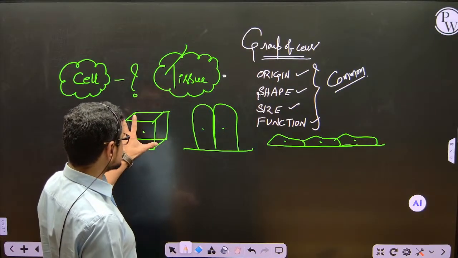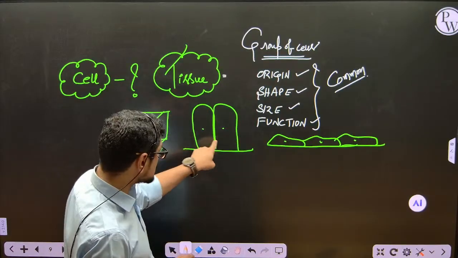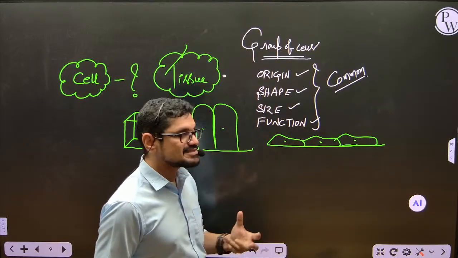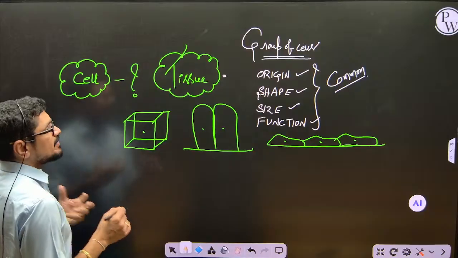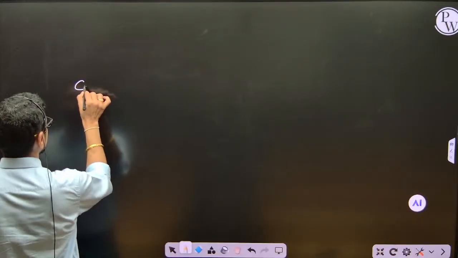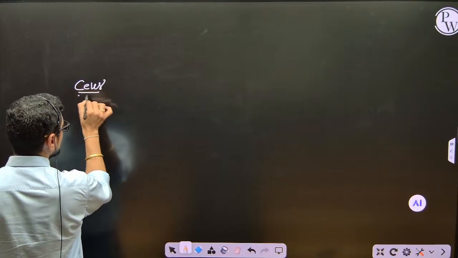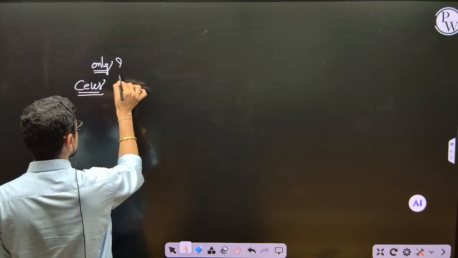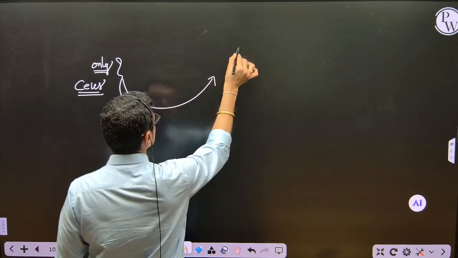If you consider this, it is a single cell only, not tissue. But this is tissue. See here, a group of cells is present. So this is one tissue, and this is one tissue. Please listen carefully. There are some animals where only cells are present, but the cells won't combine to form tissue.